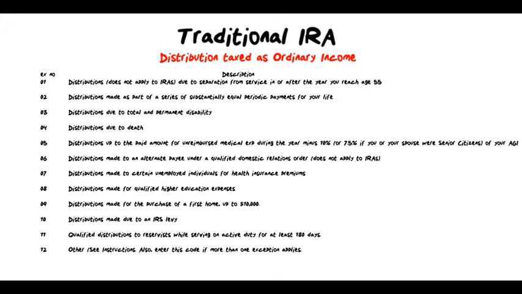Exemption number 11, any qualified distributions to reservists while serving on active duty for at least 180 days. And the last exemption covers any other, so just check the instructions, and that code has to be entered if it is not covered in the above 11 exemptions.